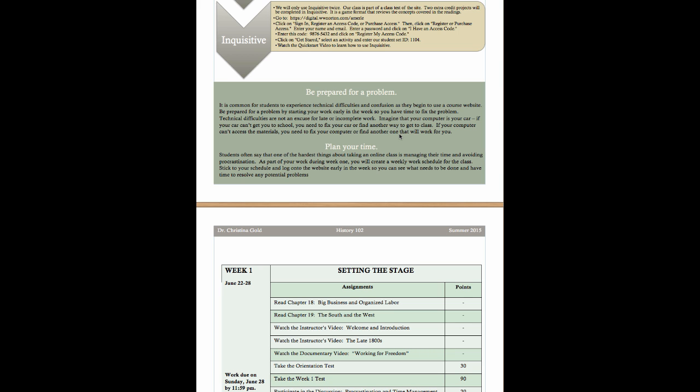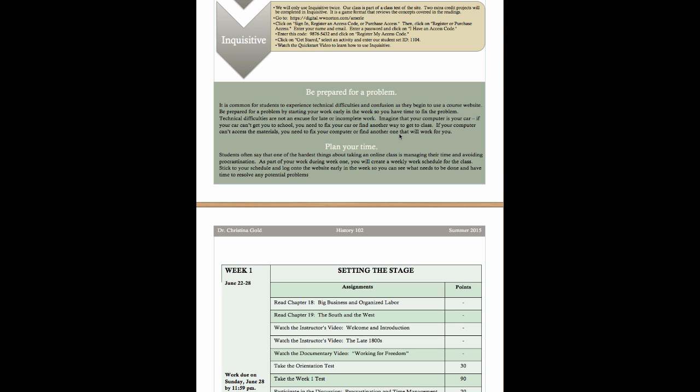And your computer is like your car. Your computer in an online course gets you access to the class. So if your computer doesn't work right or it breaks down, you need to find another one that will work for you. So technical difficulties are not an excuse for late or incomplete work. You need to start ahead of time and resolve any problems.